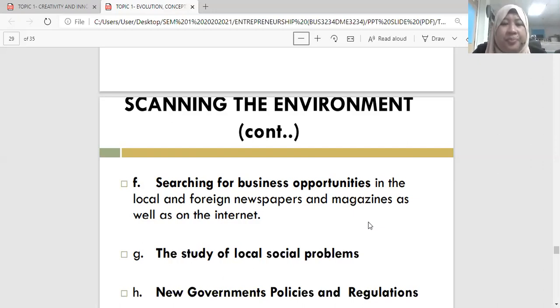Okay, and for G1, we have the study of local social problems. Yesterday, in the lesson for the subject international business, I touched on local social problems, such as social challenges, about social loafing. What is social loafing?